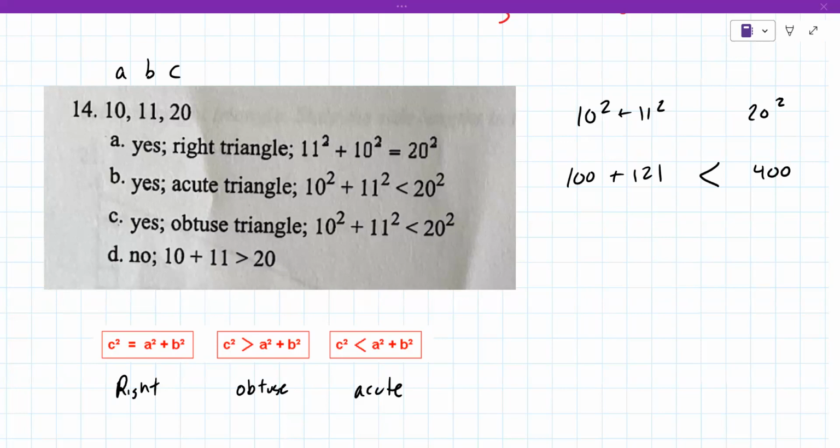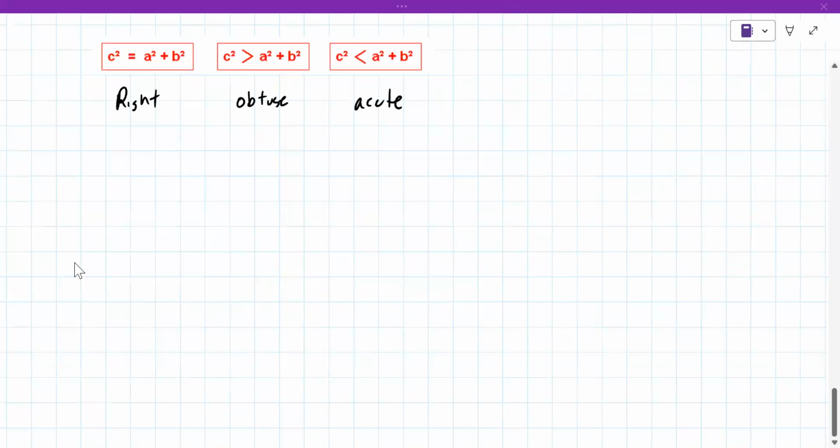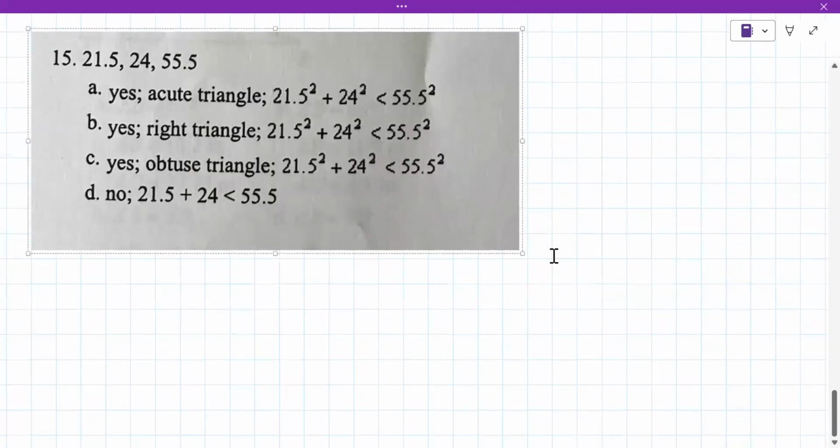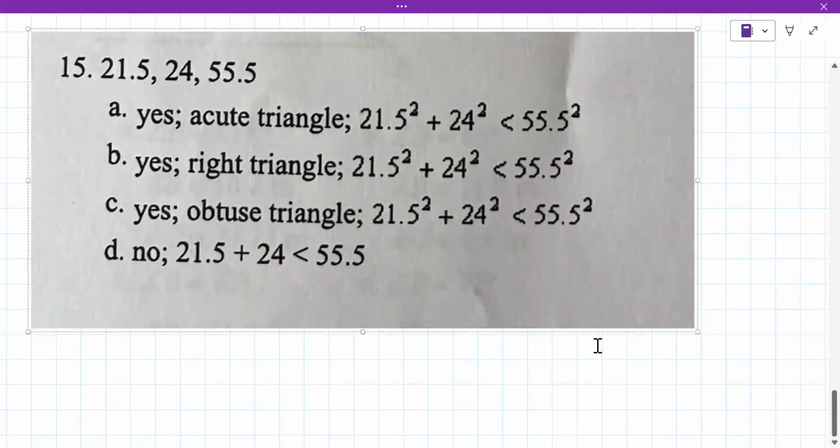All right, so 15 here. What could you say about 15? Let me snip that one in. It's already in order, which is nice. You don't have to think about that. So you've got to square 21.5 squared, 24 squared, and then 55.5 squared.